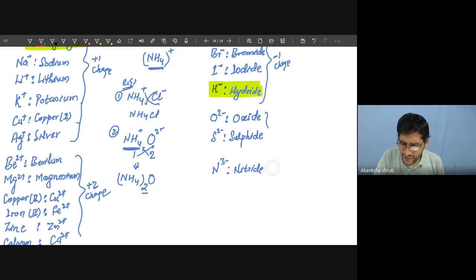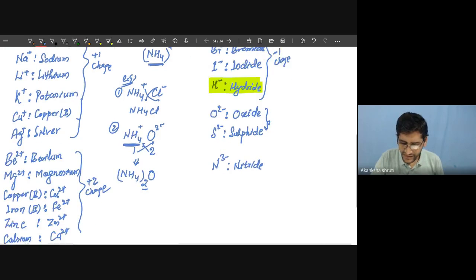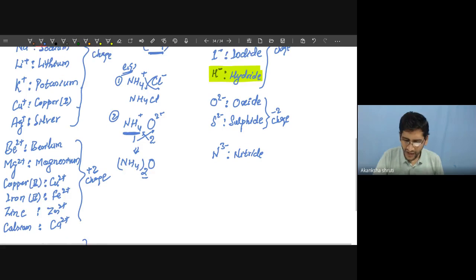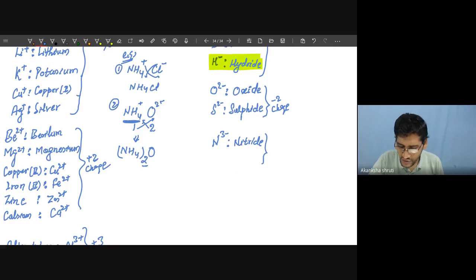So this way we have to keep in mind O2 minus or S2 minus. These are carrying 2 unit negative charge, so we can write -2 charge. Now for nitrogen it is -3 charge.